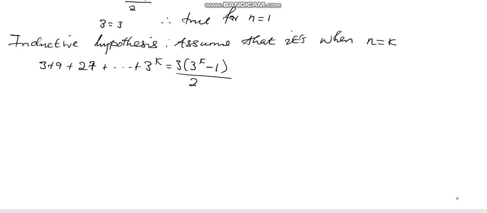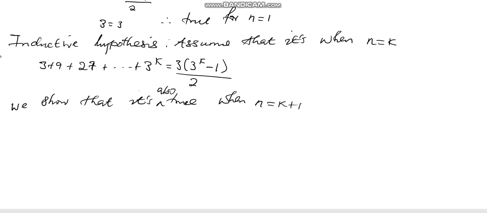So now we need to back our inductive hypothesis here by saying we show that it is also true when n is equal to k plus 1. So meaning that we add a new term to the terms that we have already this side here. So we're saying we show that it's also true when n is equal to k plus 1 here.